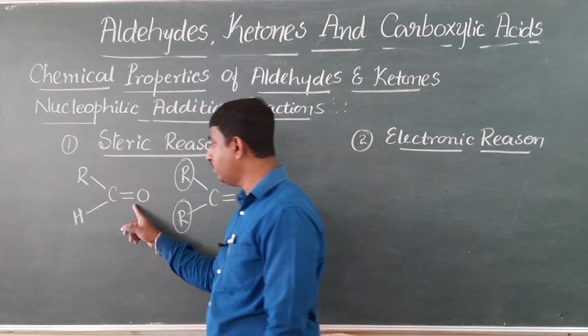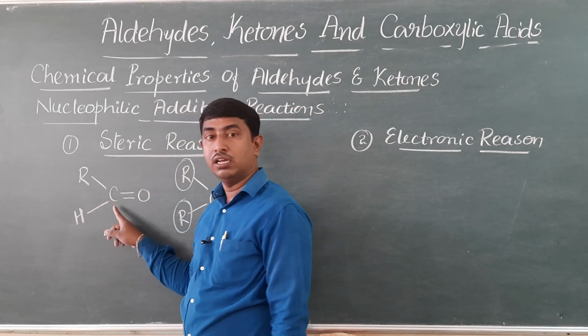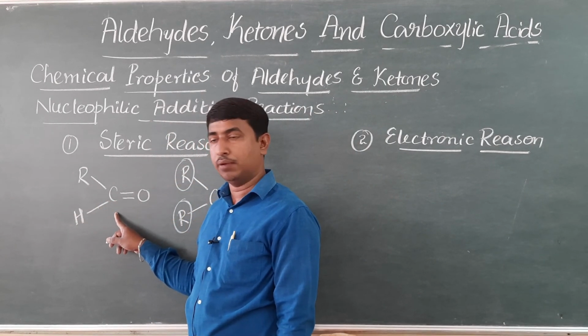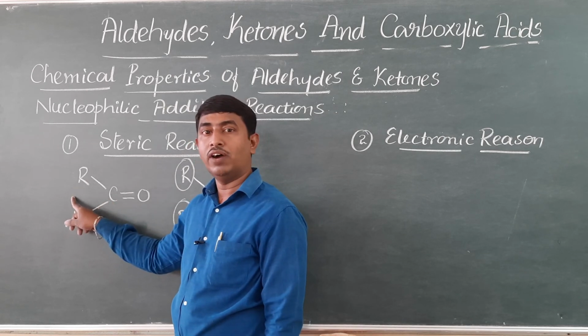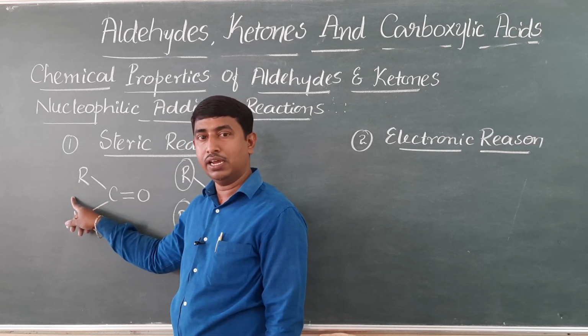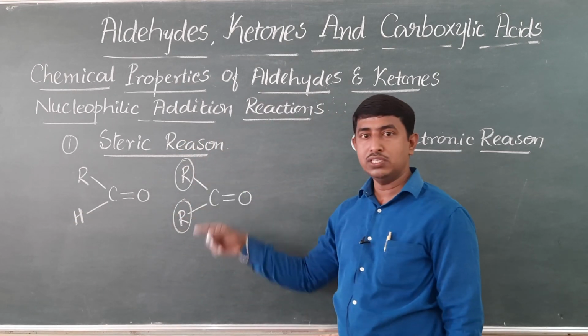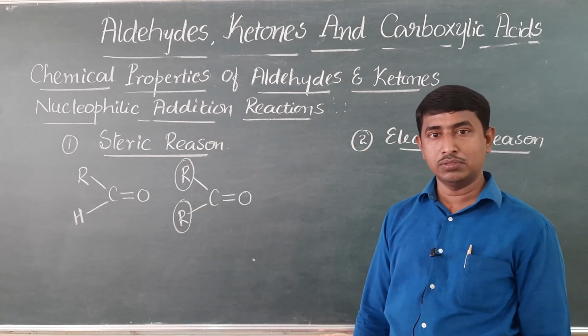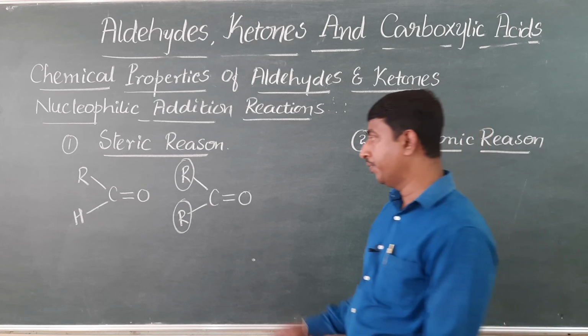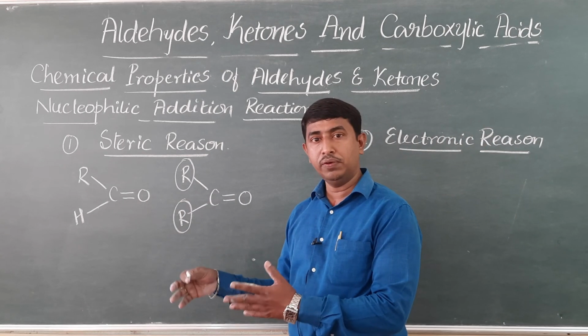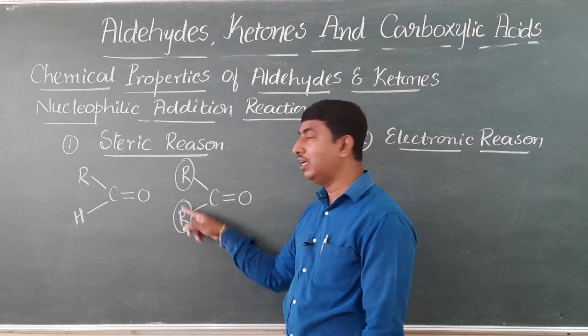In the case of aldehyde, the nucleophile can readily attack the carbonyl carbon because there is only one bulky alkyl group. Whereas in ketone, with two bulky alkyl groups, repulsion takes place between the nucleophile and the alkyl groups.